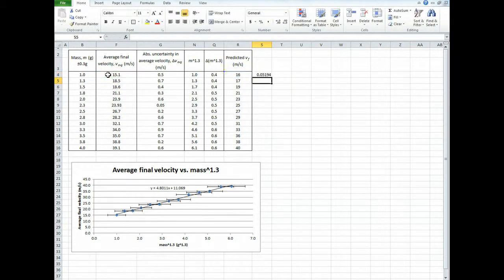Close the parentheses, and we want this as a percentage, so I'm going to click the percent button, and I'll add a decimal place, why not? Drag it down, box it, and let's center.